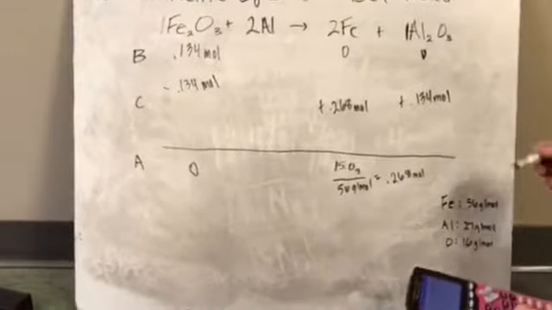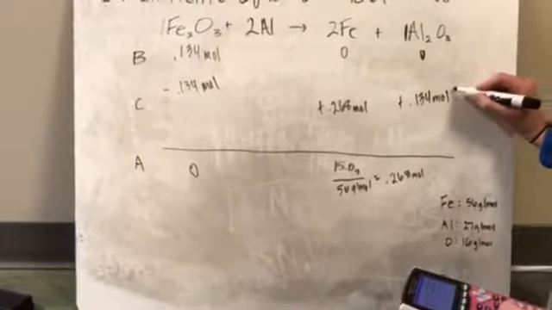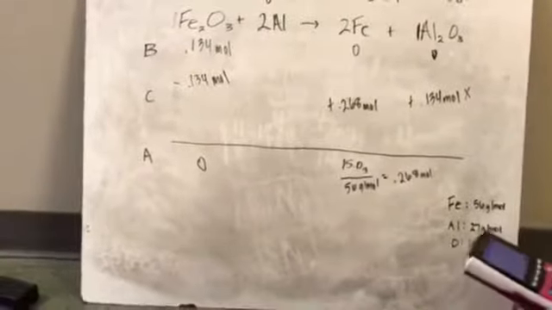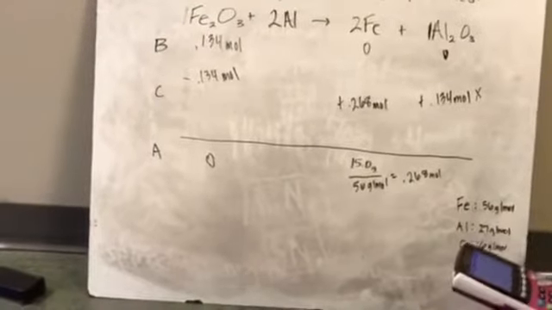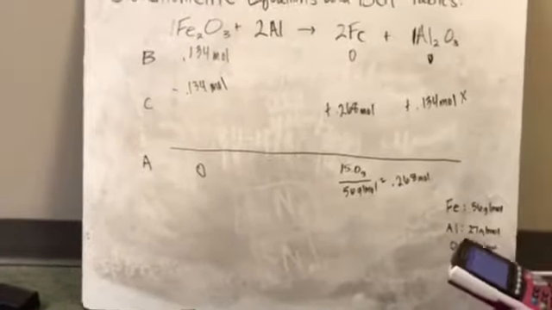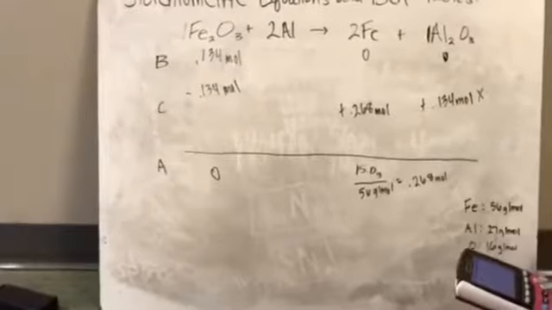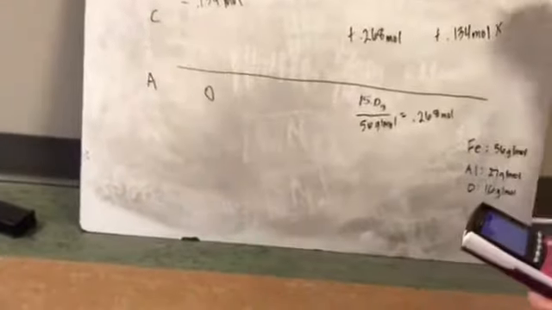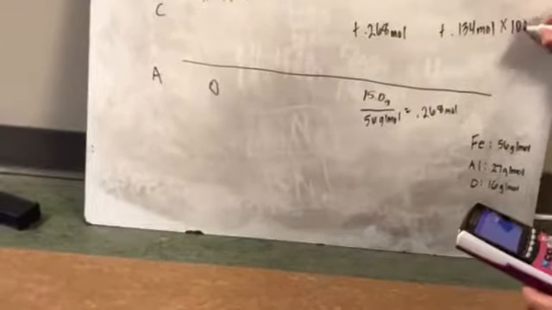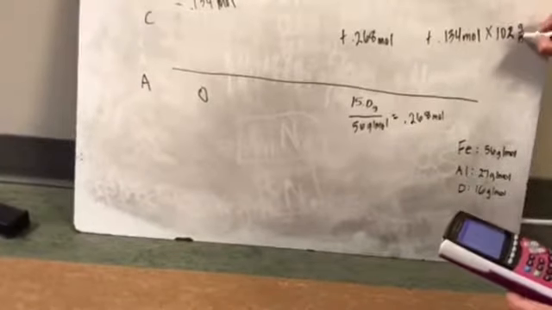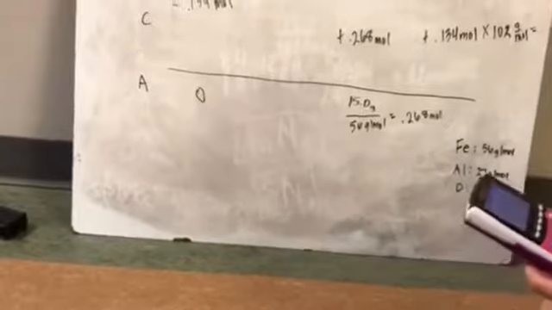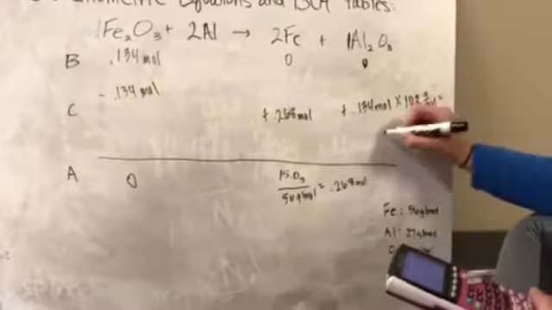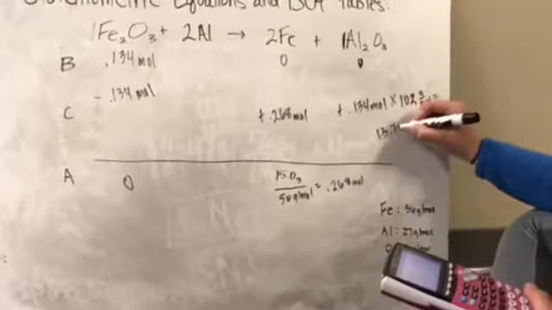And then to convert that into mass, we just have to multiply by the molar mass, which would be 2 times the molar mass of aluminum, which is 27 grams, plus 3 times the molar mass of oxygen, which is 16 grams. So that's a total of 102 grams per mole, which gives us 13.7 grams.